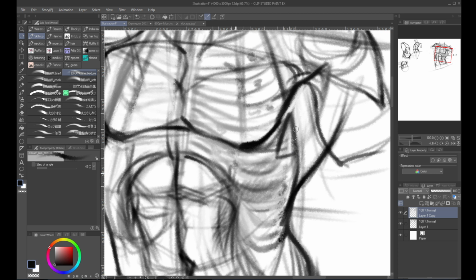Usually we see about 4 parts of the serratus.